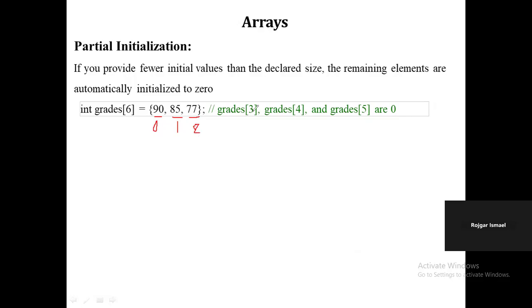So the index 3 and index 4, finally index 5 will be equal to 0. Why? Because the values for index 3, it means grade of 3, are not mentioned between the curly braces. This is what we call a partial initialization.